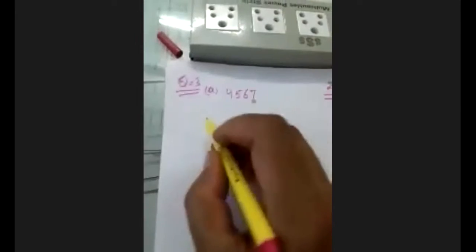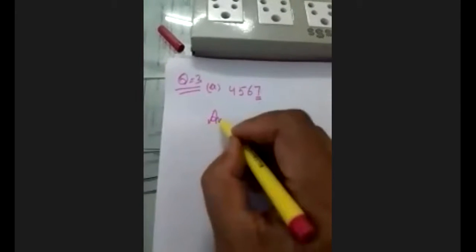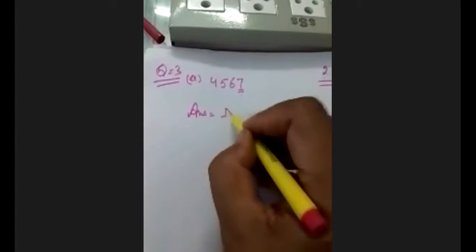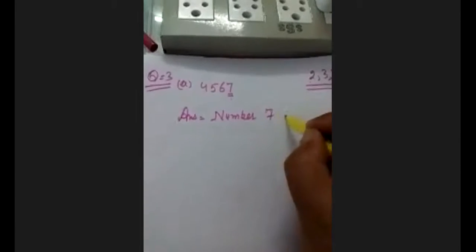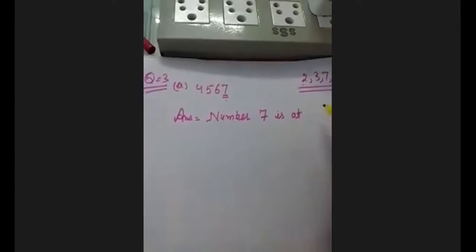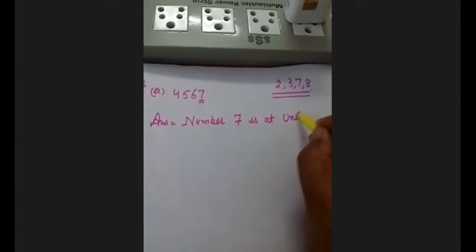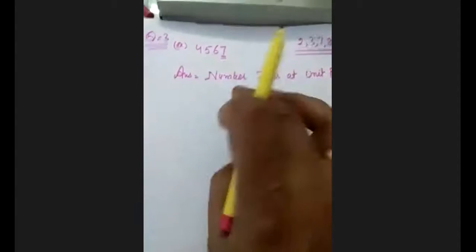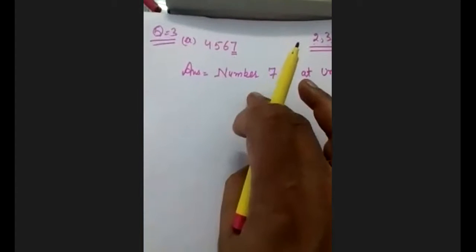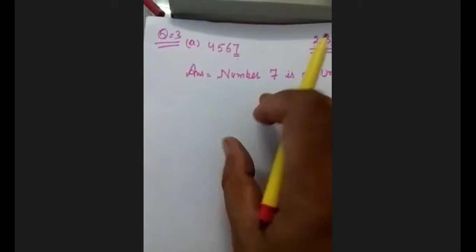So the reason is number 7 is at unit place, because number 7 is at unit place. So this number is not a perfect square.